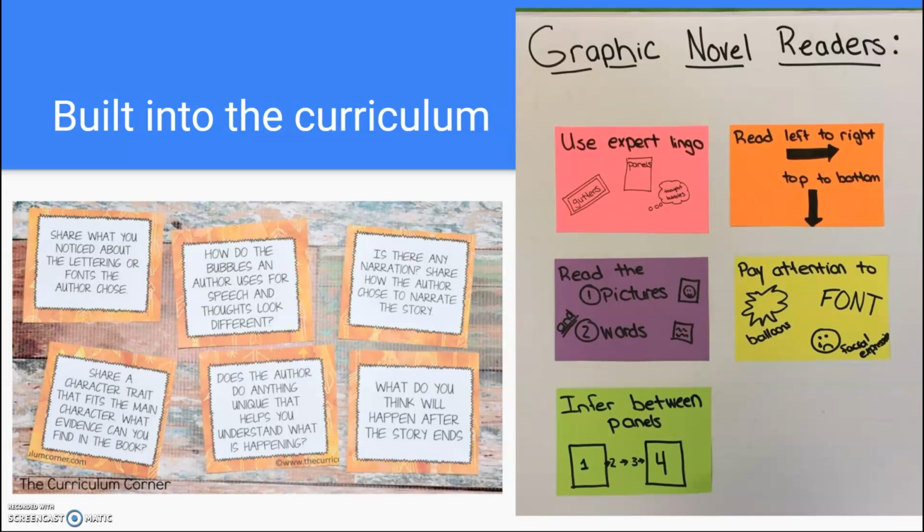What do you think will happen after the story ends? If you've ever read a graphic novel, they kind of end suddenly and you don't really know what's going on. I think that last question hits graphic novels right on the head, because like I said, some graphic novels do not end the way you want, or they end suddenly, and I think that's the point of a graphic novel, to get you thinking about what's going to happen in the story, what happened to the character.